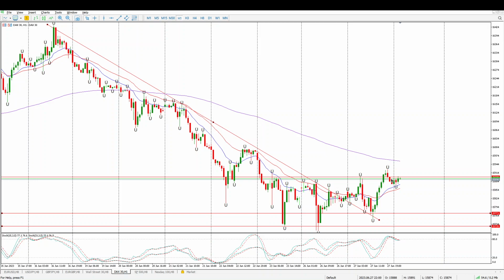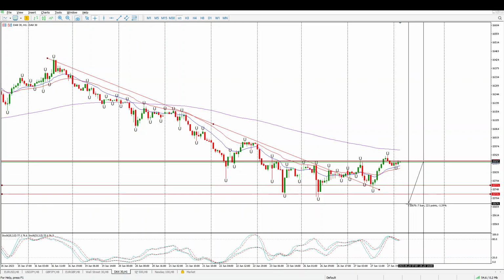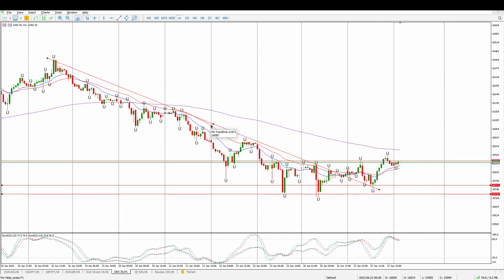From an hour perspective, I want to see a break and retest before jumping in on this. Not really interested in this, but there's a very clear stop area. If you are going to anticipate a break here, you've got a 221 point stop loss, so just adjust your position size to accommodate for that stop loss.